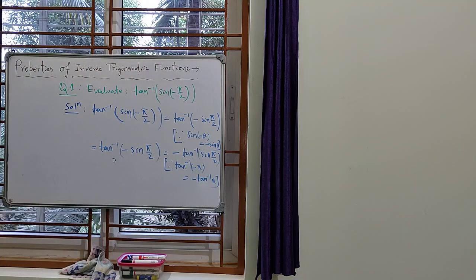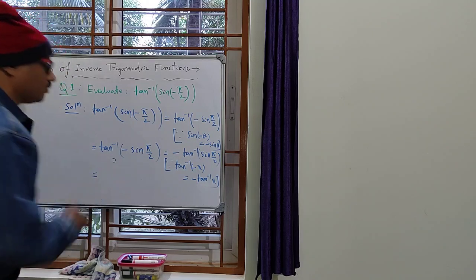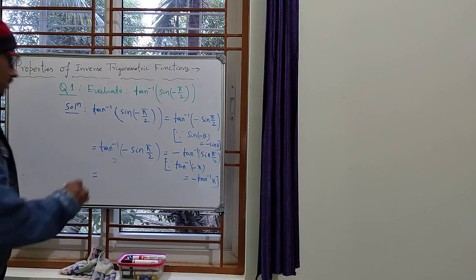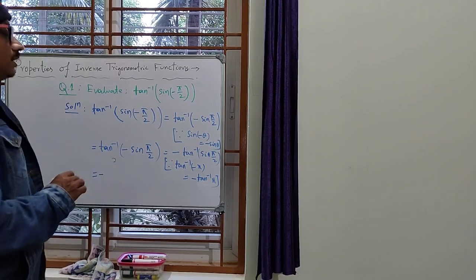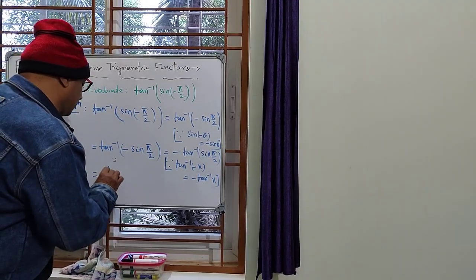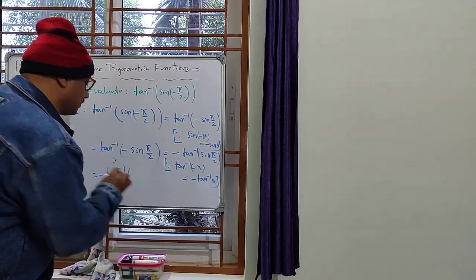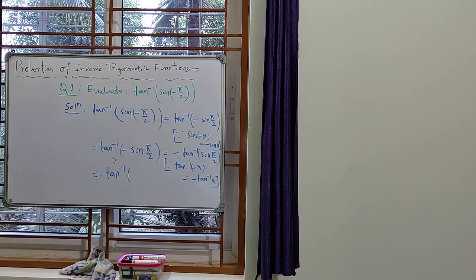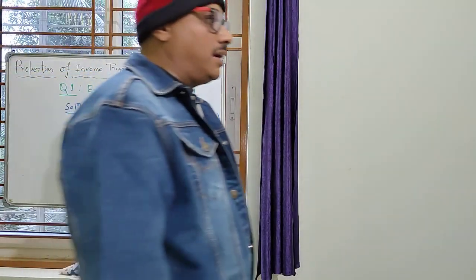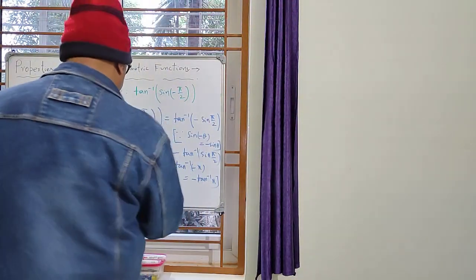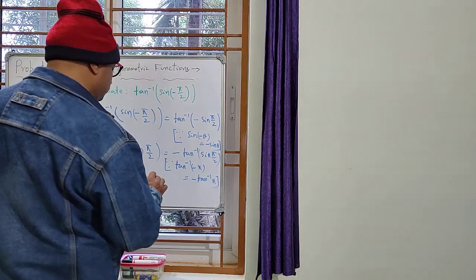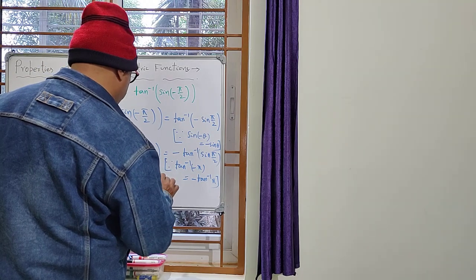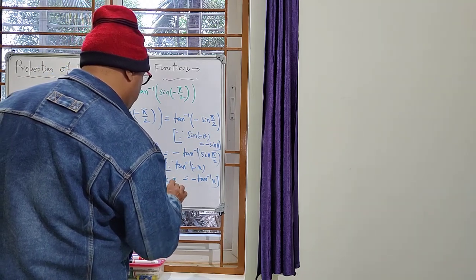This property can be applicable over here. Then that is equals to minus tan inverse of the sine pi by 2 value. Pi by 2 means 90 degree. The value of sine 90 degree equals to 1, since sine pi by 2 equals to 1.